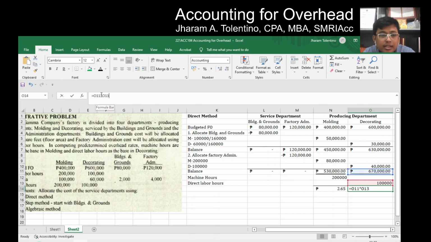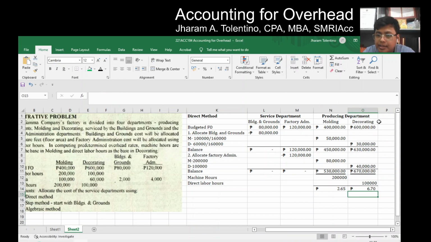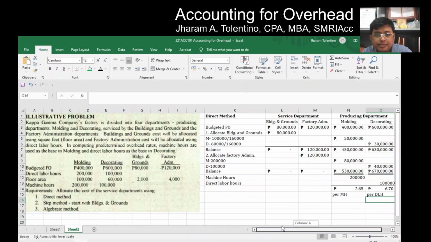So, yun, 6.7. So, this one is 2.65 per machine hours. And this one is per direct labor hours. Yan yung magiging allocation. Okay? So, yun yung direct method.